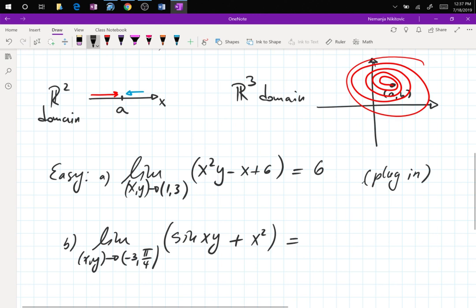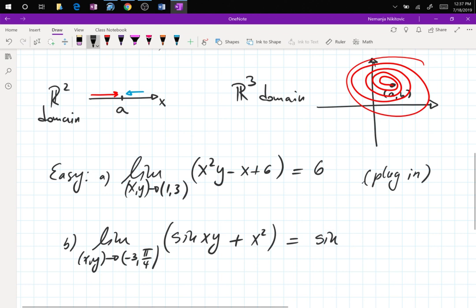Well, you go, okay, the sine function doesn't have anything weird going on. There are no asymptotes to make 0 in the denominator, so no issues of any kind. I should be able to just plug these things in and compute and get a value. So that's why this problem is also easy. Yeah, it does have sine, but you should be able to compute it.